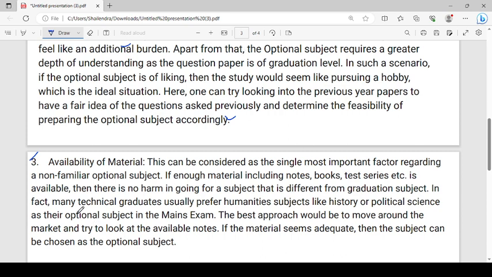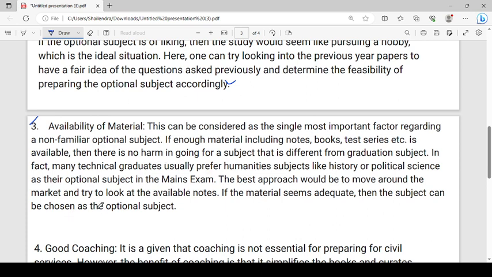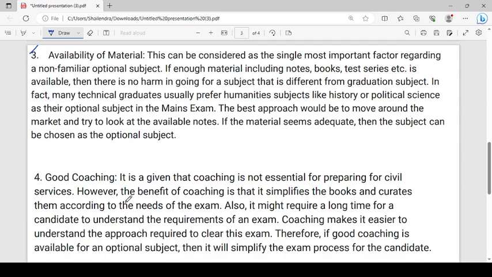In fact, many technical graduates usually prefer humanities subjects like history or political science as their optional subject in the mains exam. The best approach would be to move around the market and look at the available notes. If the material seems adequate, then the subject can be chosen as the optional subject.